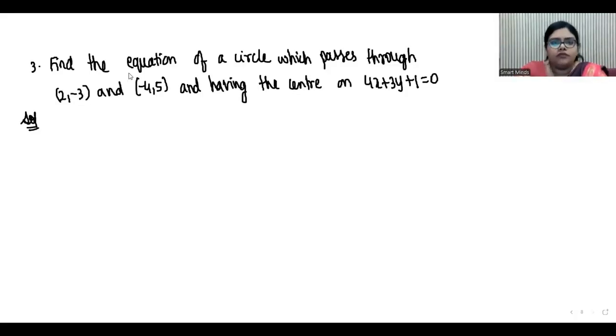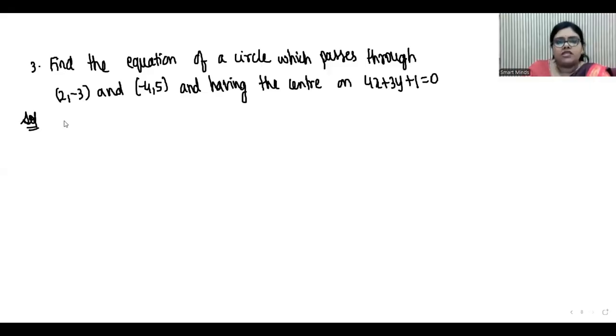Take the next question. Find the equation of a circle which passes through (2, -3) and (-4, 5) and having the center on 4x + 3y + 1 = 0. This question is very, very important and it comes as an LAQ.